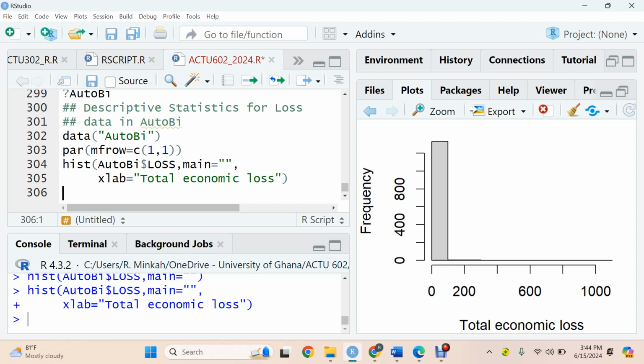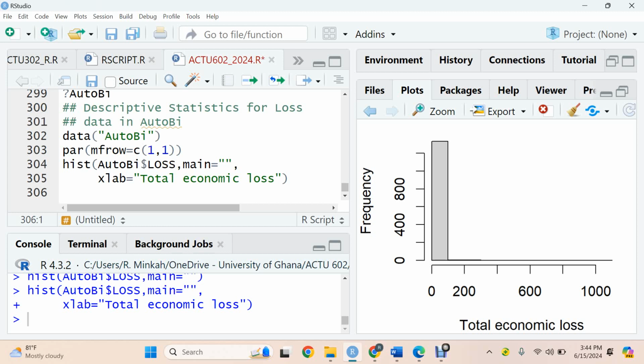So labeling in a histogram is very good. So the frequency, if you like, you can also look at the number of claimants. That's what the frequency is: the number of people who claimed this amount. Okay, so you have a histogram like this.